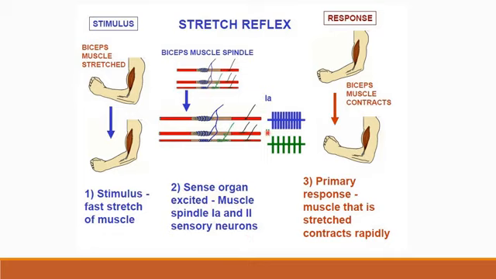These are the afferent neurons of the muscle spindle. These fibers go and integrate in the spinal cord, and then the efferent neurons come out and give the biceps muscle the response. The primary response is that the muscle that is stretched contracts rapidly. So the biceps is contracting here.